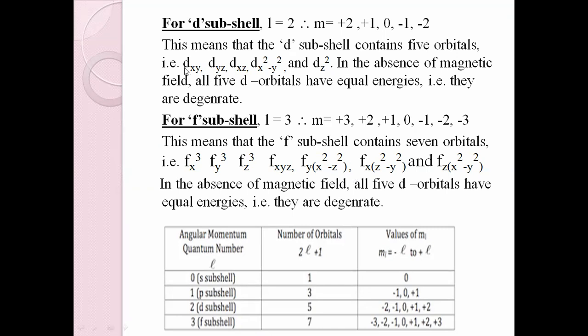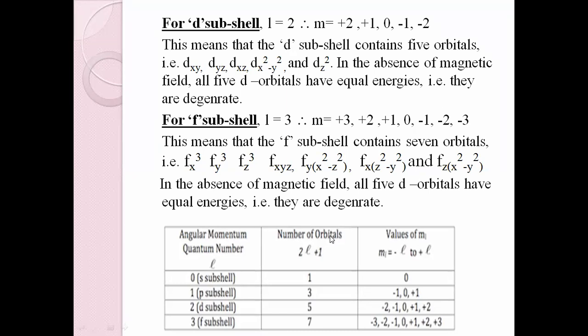And how are they written as? They are written as dxy. What are the names of these 5 d orbitals? dxy, dyz, dxz, dx square minus y square, and dz square. So these are the different orientations of these 5 d orbitals.